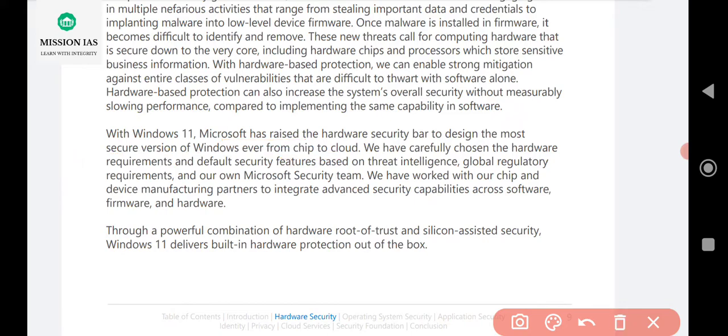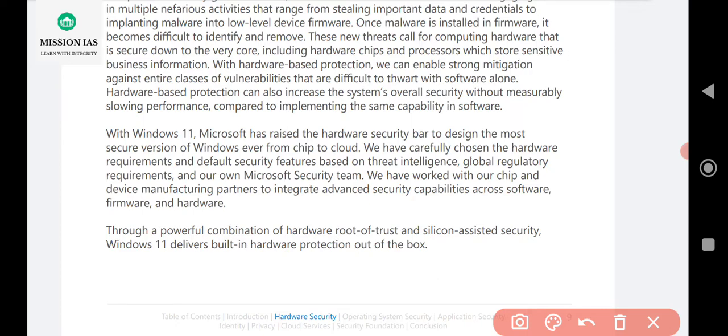We carefully chose the hardware requirements for default security features based on threat intelligence (TI), global regulatory requirements, and our own Microsoft Security Team, who have worked with our chip and device manufacturing partners to integrate advanced security capabilities across software frameworks and hardware.